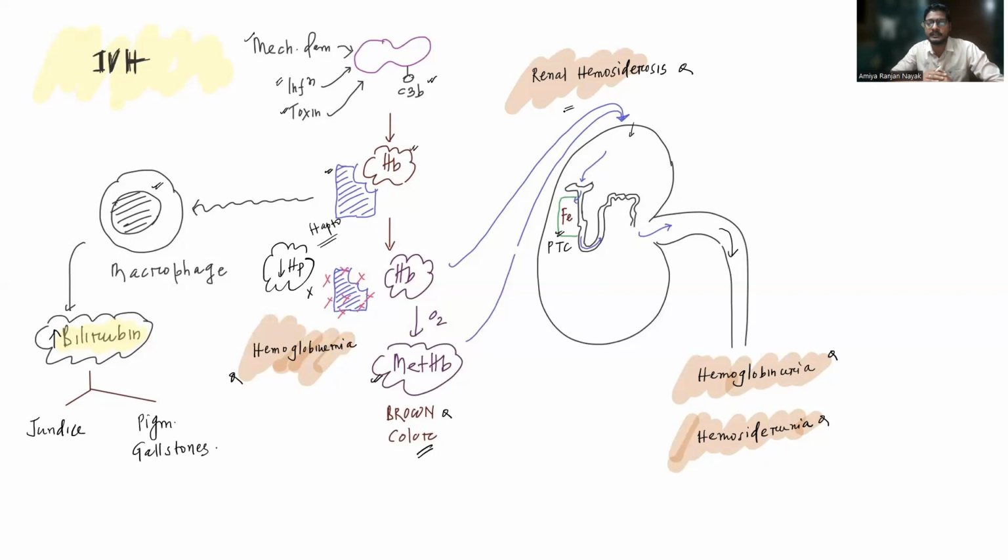Okay, so these are the basic differences between extravascular hemolysis and intravascular hemolysis. Now, can you tell me in which of these conditions you can get iron deficiency?